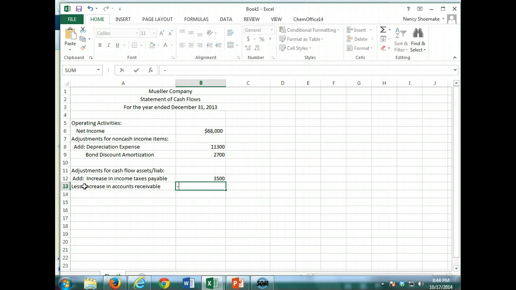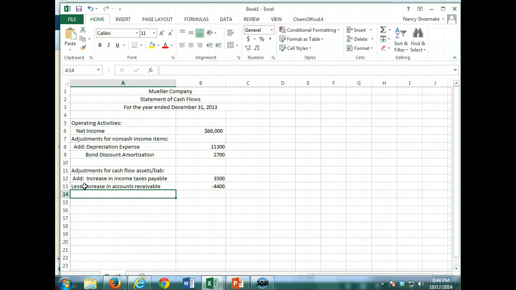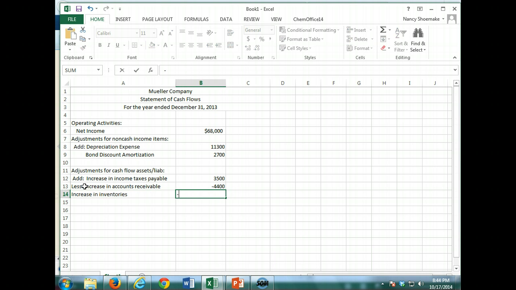So we're going to subtract the 4,400. Then we've got an increase in inventory. We're going to subtract 10,033. Anytime there's an increase in an asset, you're going to subtract it. When there's a decrease in an asset, you're going to add it.